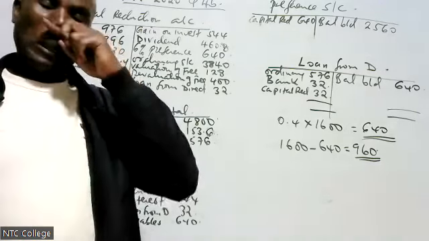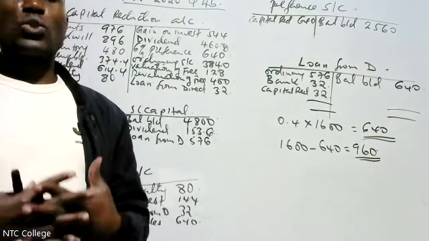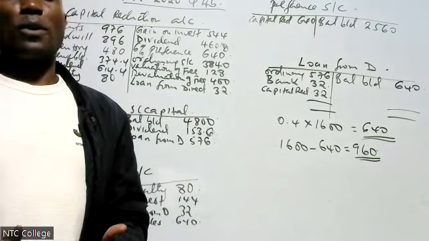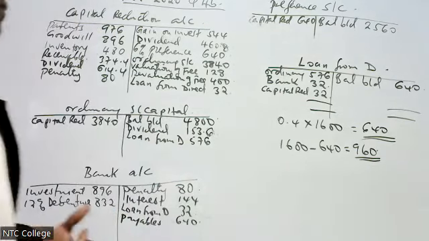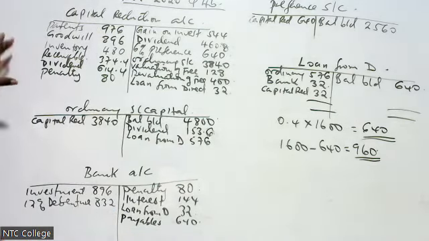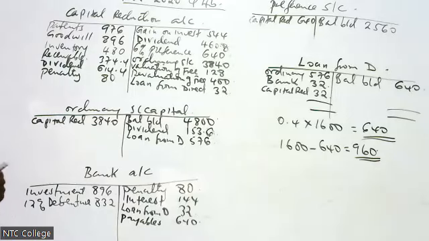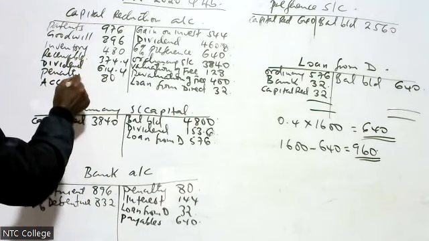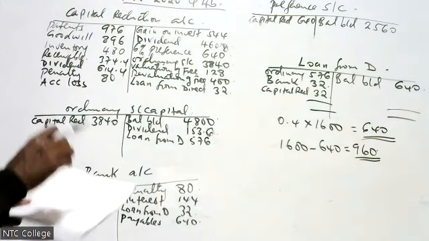Now, remember, the main reason for us to do reconstruction is to remove losses on the balance sheet. Therefore, in this case, the accumulated loss, I'm going to write it off against capital reduction. On my capital reduction, I will say accumulated loss. Remember yesterday in our journal entries, we mentioned it.